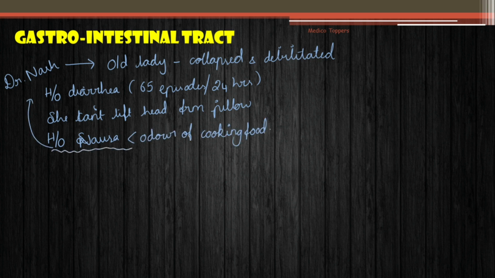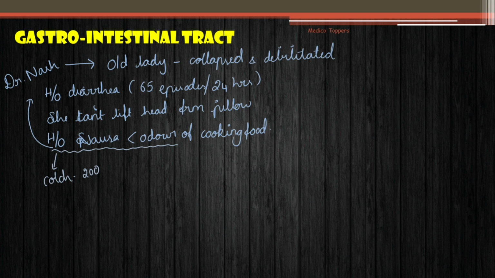So this symptom was particularly noticed by Dr. Nash when the old lady could not even tolerate a slight opening of the kitchen door, and she was irritated and shouting to close the kitchen door. And at that time she was prescribed colchicum 200, and there was marked improvement in the condition of the patient.